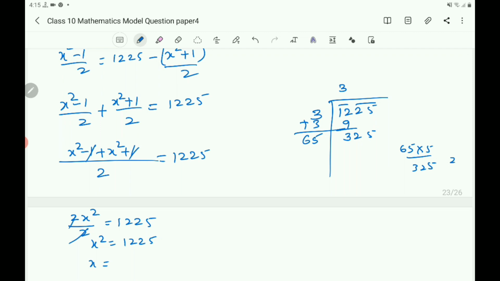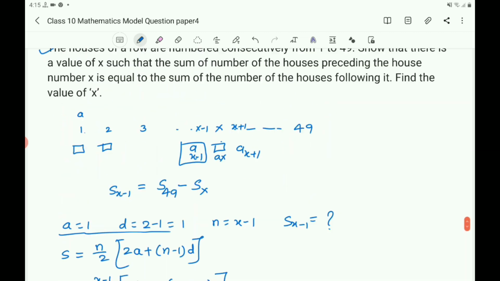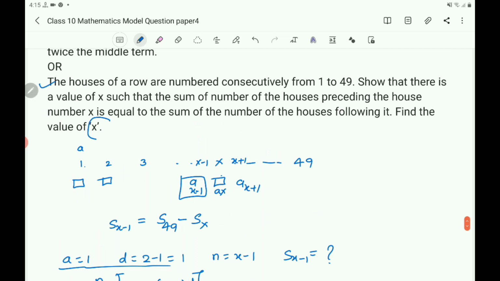So keep 5 here and multiply by 5, and you will get 325. So x equals the square root of 1225, that equals 35. Then what is the value of x? x equals 35. That is the solution of this question.